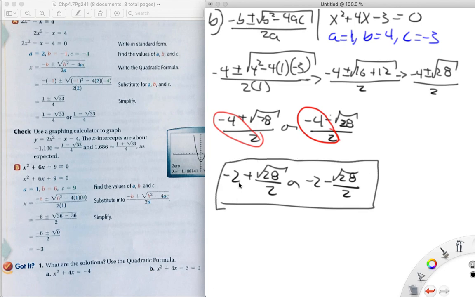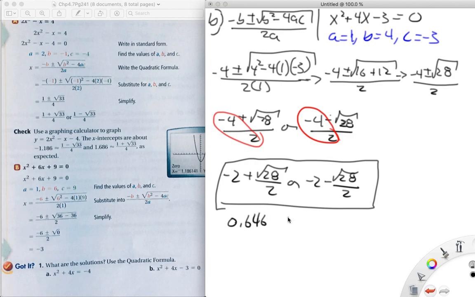So we have two solutions. And we can leave it here. I'm okay with leaving it in radical form. Some of you guys might go even further and divide and give me a decimal. This would be 0.646.